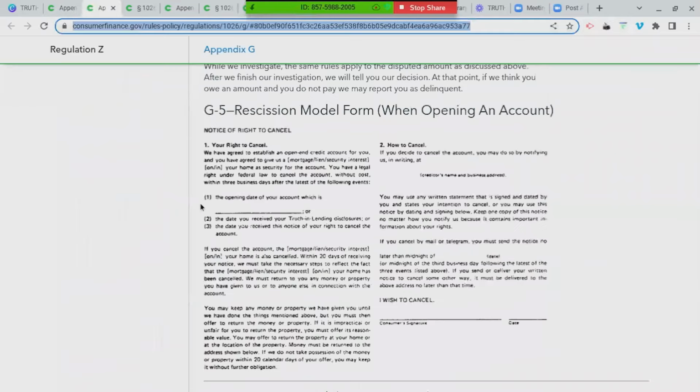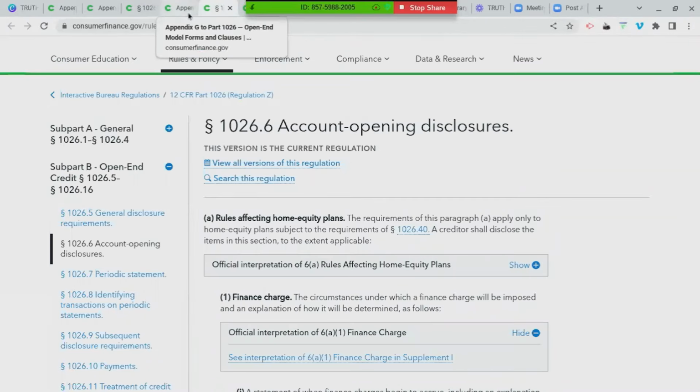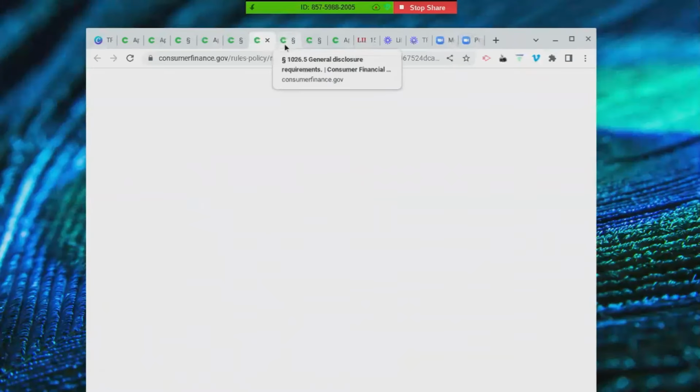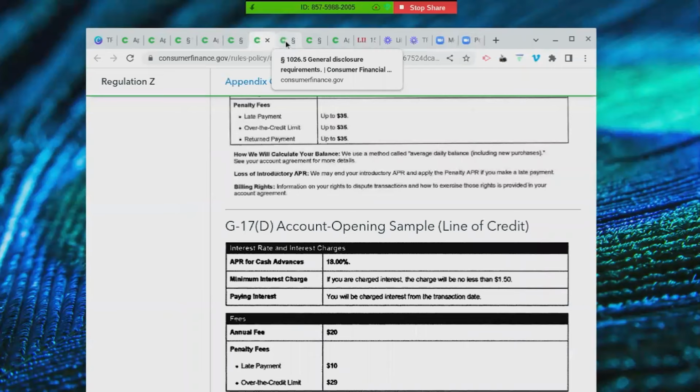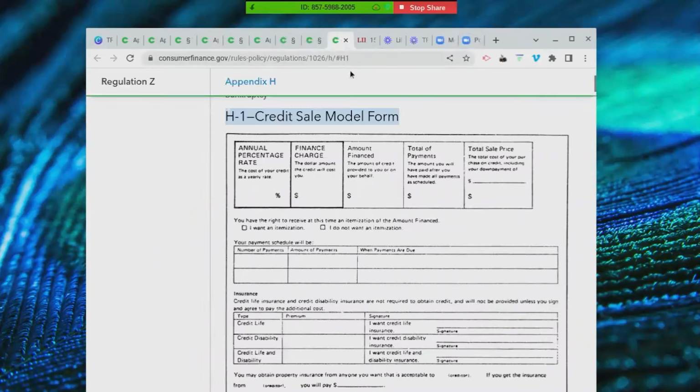I keep going to this rescission form. Was it that one? Hold on, let me make sure that that was the one. Oh, I don't have it up. Or did I scroll past it?